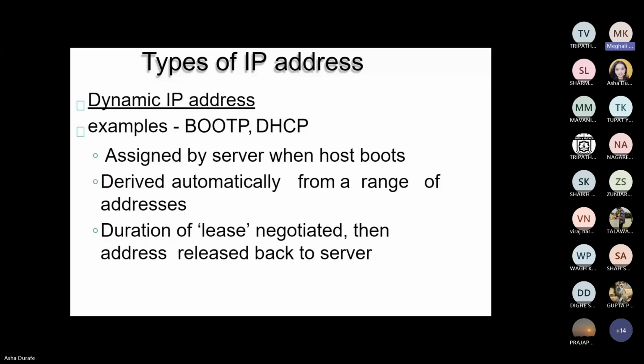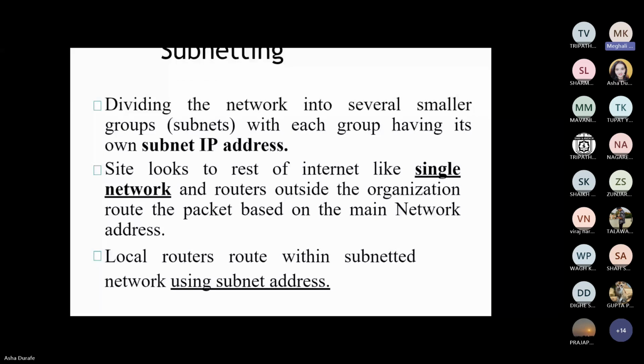Another concept here, which is very important in IPv4 addressing or IP addressing as such, is subnetting and supernetting. Subnetting, as I said, is dividing a small number of IP addresses among a large number of hosts.